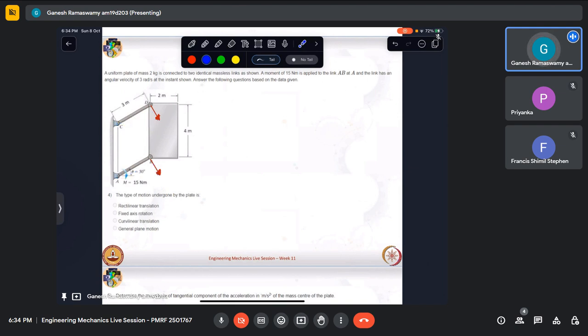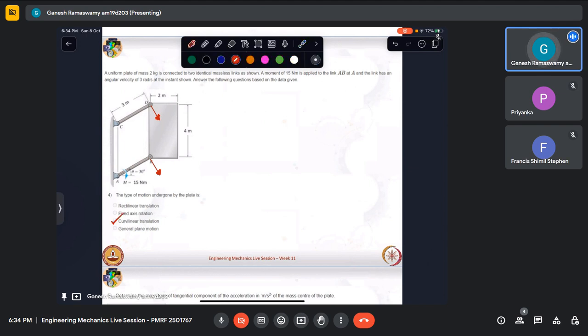So essentially, I have a plate which is having a velocity which is tangential to a curve, basically a circular curve. So this is undergoing circular curvilinear translation along a circular path. Is it clear? Okay. So by virtue of that, we can answer that the type of motion of this plate is curvilinear translation.